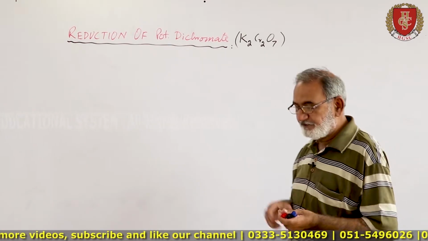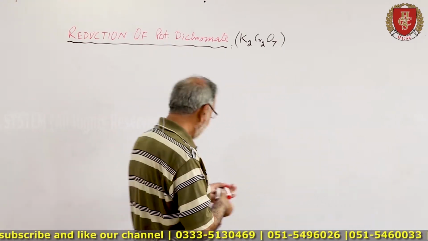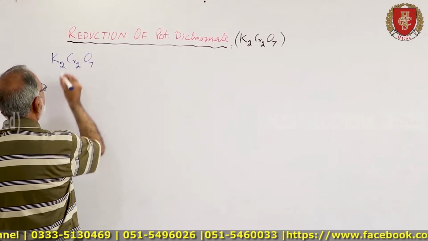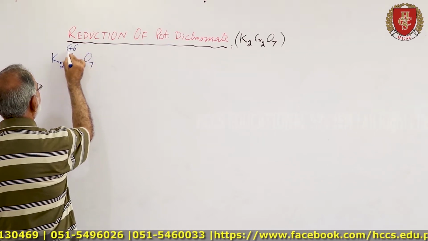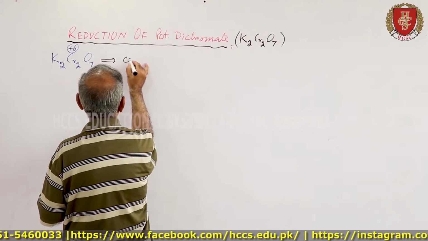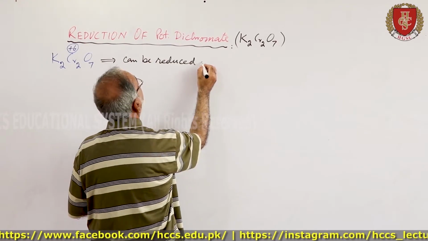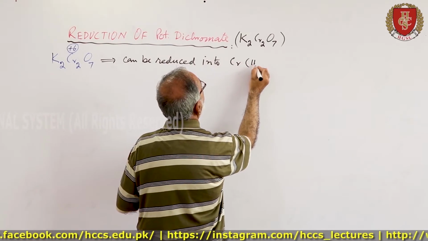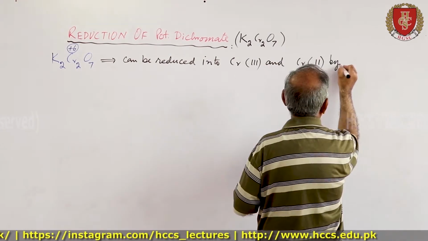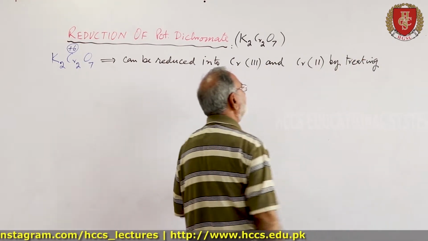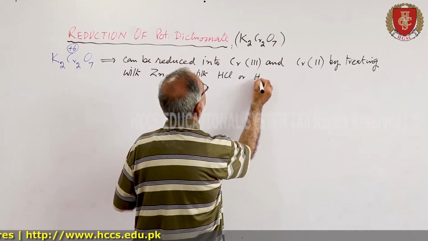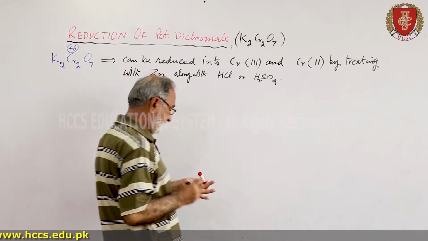Now potassium dichromate, in this case K2Cr2O7, here it is in +6 oxidation state. So this can be reduced into chromium 3 and chromium 2 by treating with zinc along with HCl or sulfuric acid.